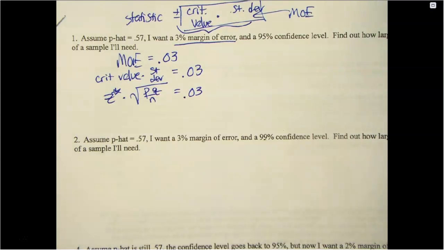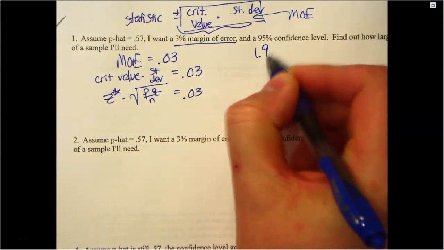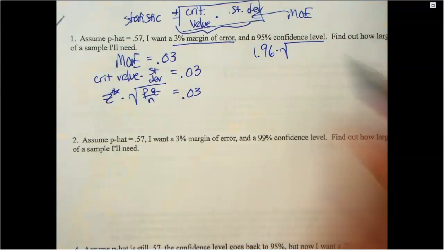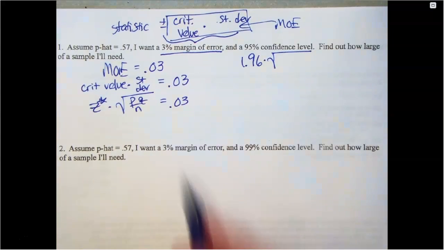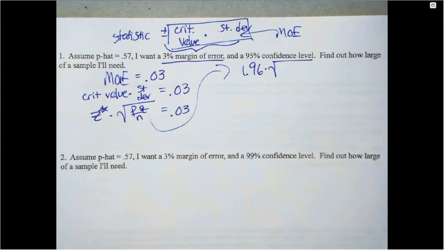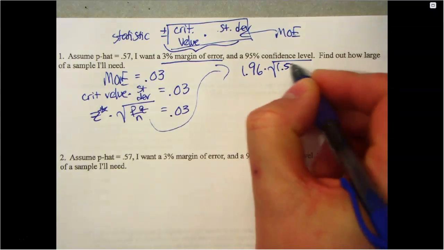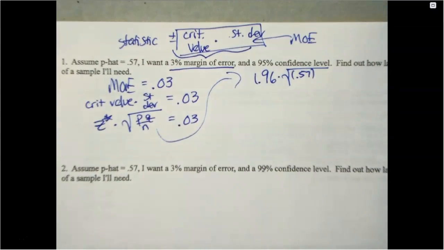So how do I find Z star? Inverse norm 1.95 divided by 2. Good. So that is 1.96 times the square root of P, which is 0.57.